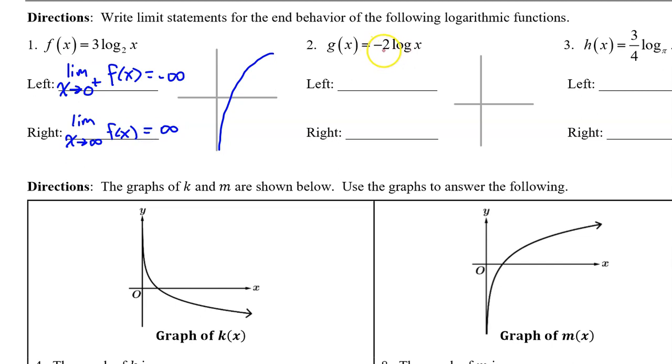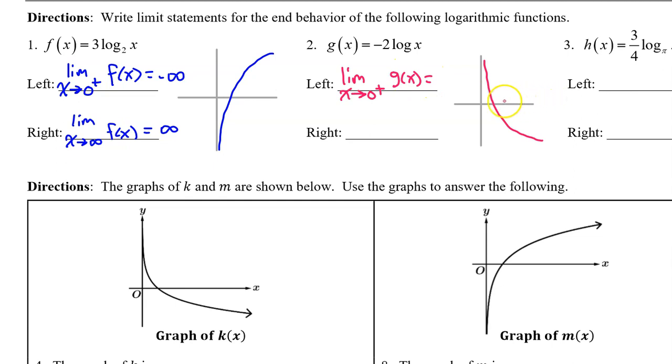For number 2, the a value is negative. So compared to the parent function, this graph will be reflected over the x-axis. The y-axis is still an asymptote, but it will be decreasing like this. The left end behavior will be the limit as x approaches 0 from the right of g of x.